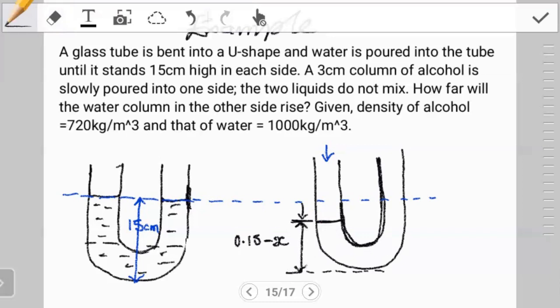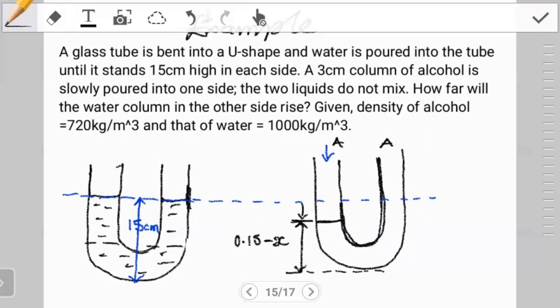Now, what has happened on the right-hand side? Well, the area on the left-hand side is the same as the cross-sectional area of the tube on the right-hand side. This is true because it is a U-shaped tube. It's the same tube that has just been bent to form a U shape.